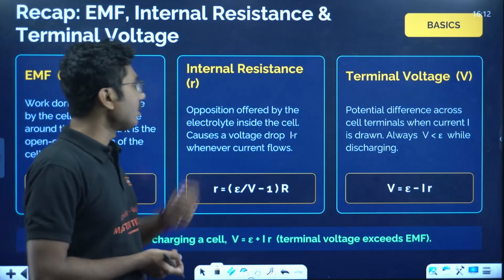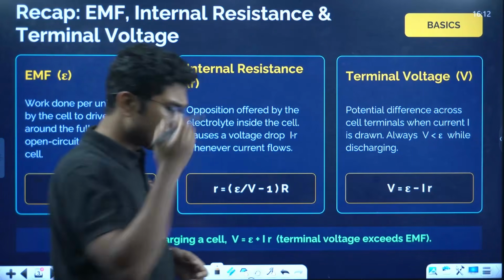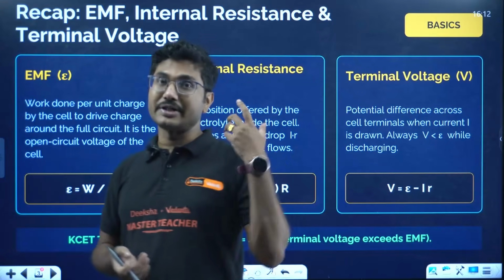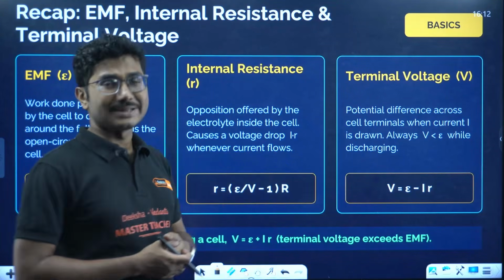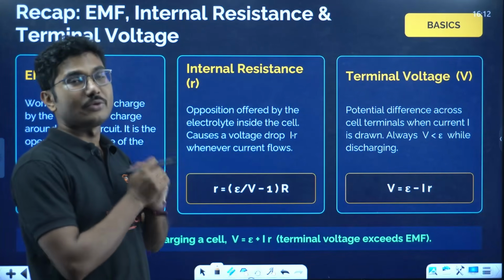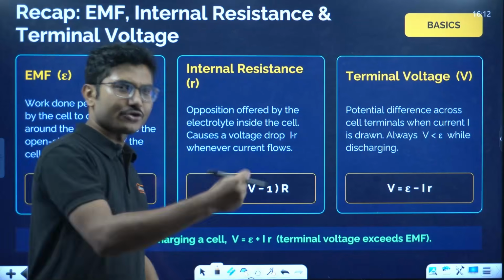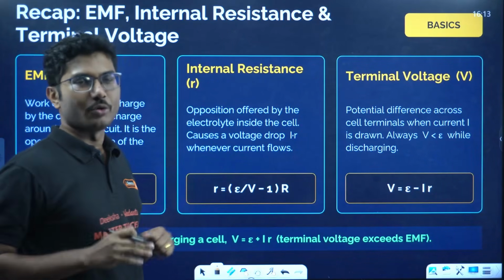It is the opposition offered by the electrolyte inside the cell. Obviously an electric cell has electrolytes present in it. Maybe it is in the form of liquid, maybe it's a dry cell. There are different types of electrolytes. So the electrolyte present in the cell tries to stop the current that the EMF is trying to drive. EMF is trying to push the electrons out and the internal resistance is saying no, go slow, do it slower.